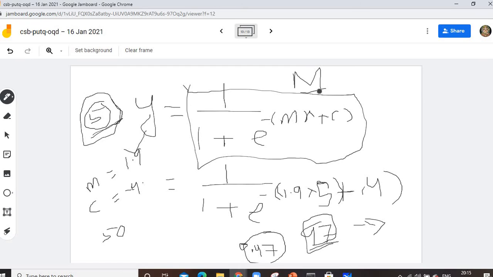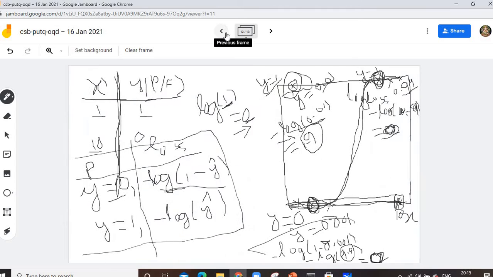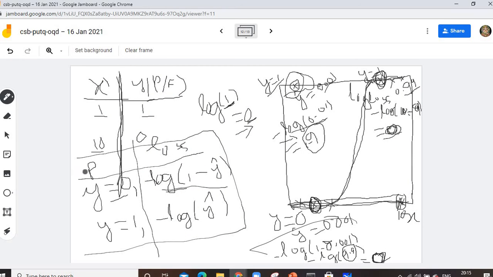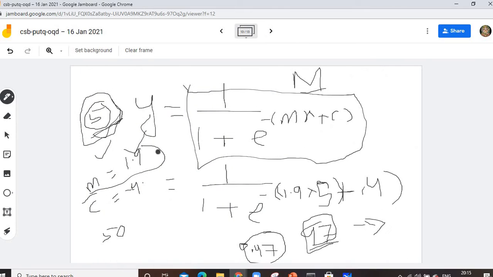The model will work like this. Whatever new value I give, 5 hours or 6 hours, whatever it may be, it will calculate on the basis of this loss function what the best m value and best c value are. On that basis it will put the m and c values here, and x I already have as the input, and it will predict my y value, the y hat.